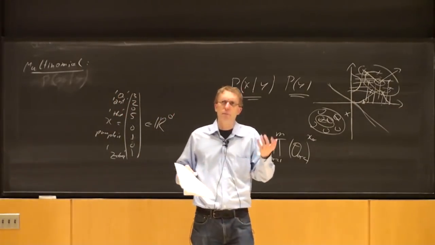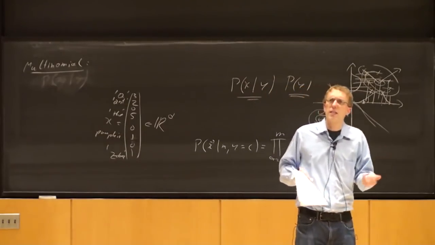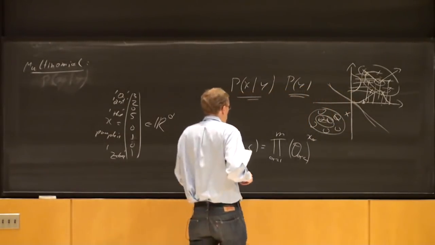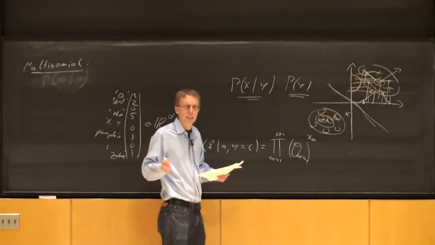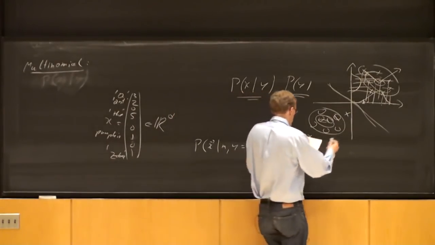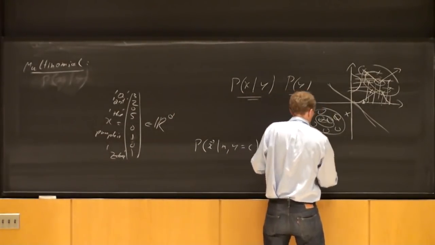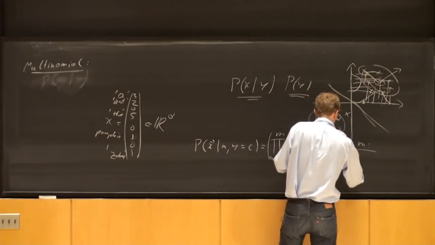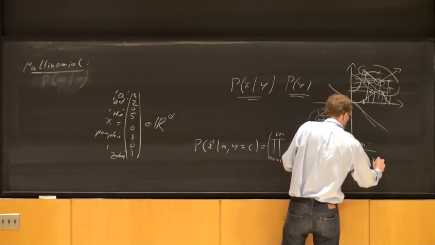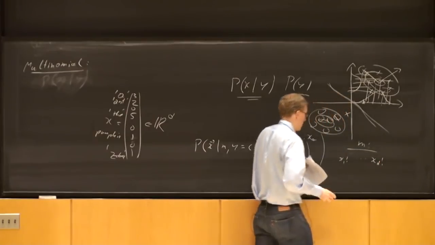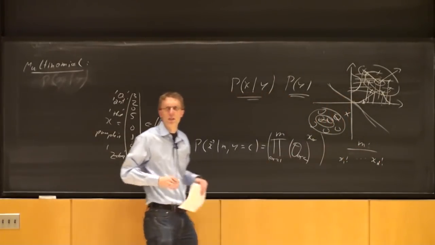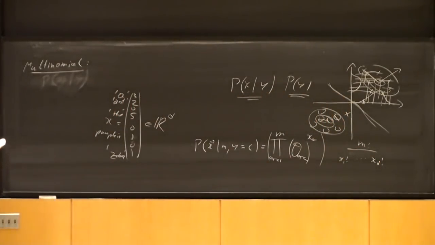To recognize spam from not spam, the word order usually is not important, so just word frequency statistics is enough. Then we also multiply the whole thing by m factorial over x1 factorial through xd factorial. This just gets rid of the order. It's not very important, it's just a constant.